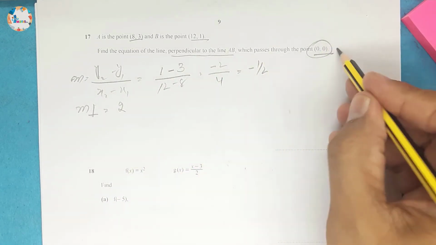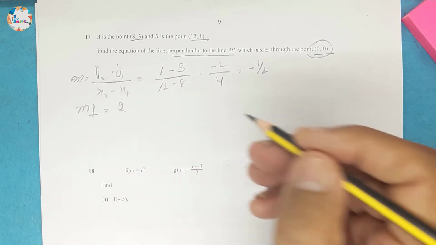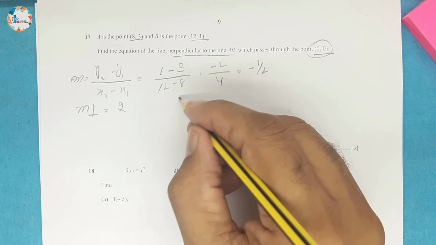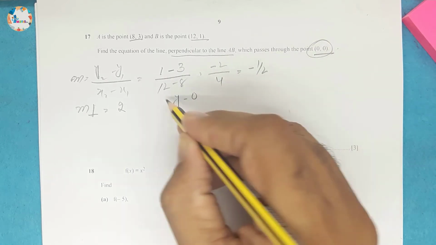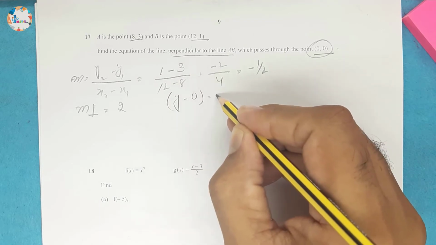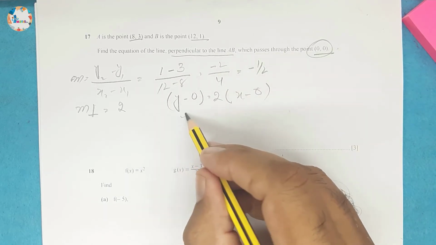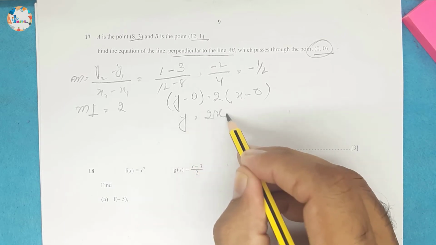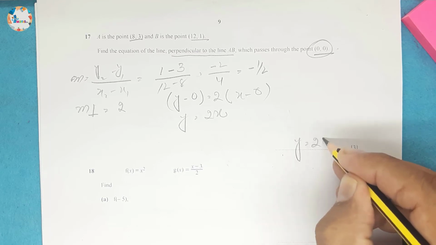Now we can use the origin and this gradient, and we will write the equation of the line in point slope form. So y minus y1, which is 0, is equal to m2 into x minus x1, which is 0. So y is equal to 2x. This will be our answer. y is equal to 2x.